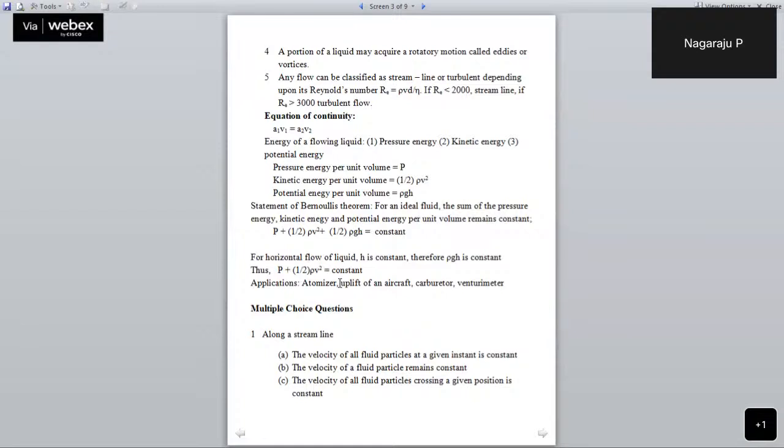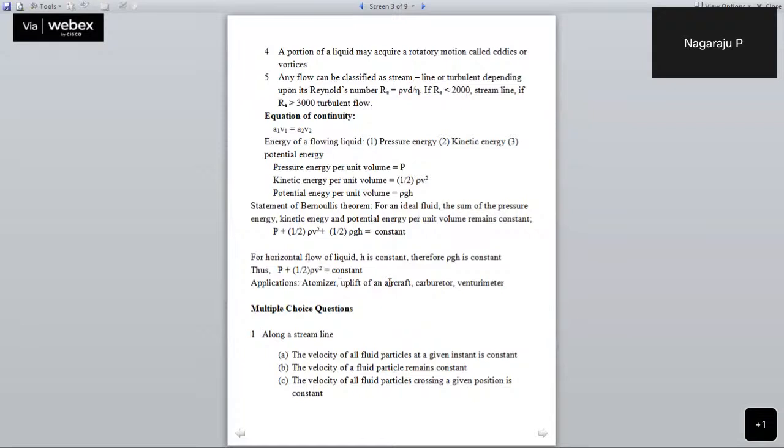Even nowadays it is very common because of COVID. Whenever you go to a shop or even in your house, if you just press the top, the liquid will come out in the form of fine droplets. That is because of the pressure variation at the bottom as well as at the top. This is what we call the atomizer.